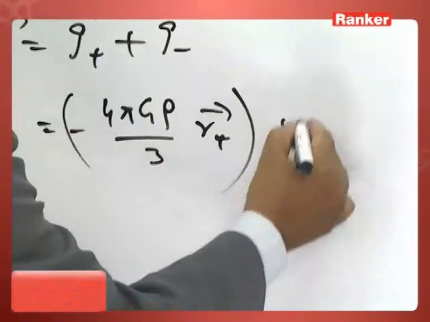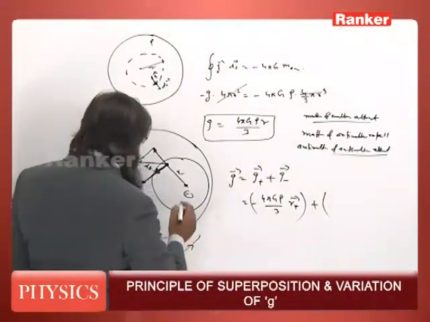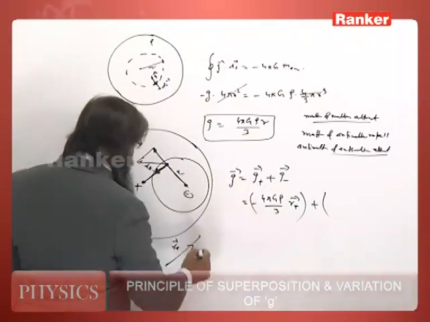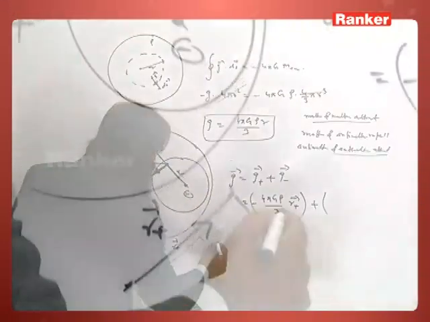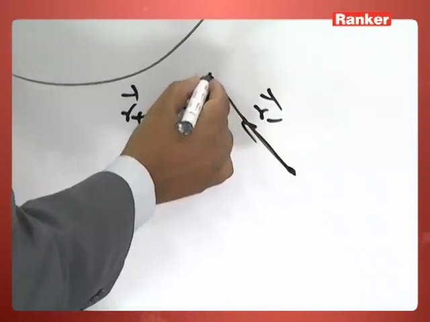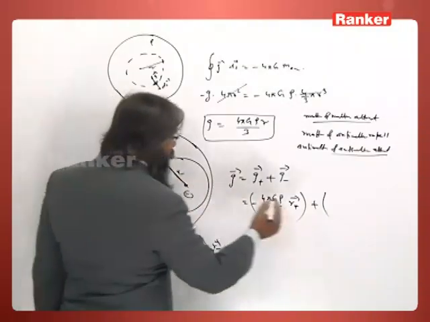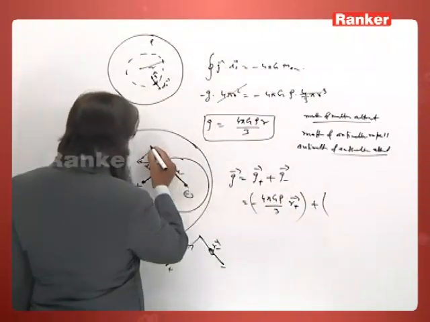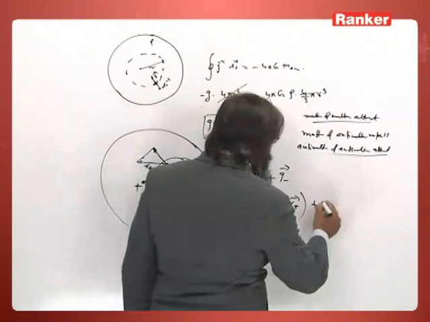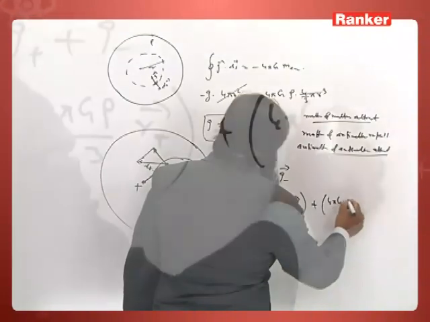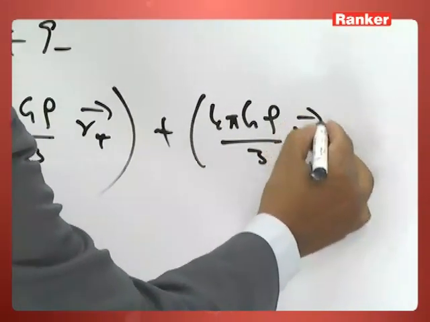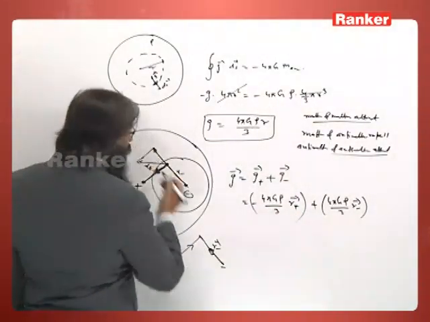Then plus G minus: here is the r minus vector, the radius vector from the negative mass center to this point. Its magnitude will be 4πGρ/3 and the direction is along r minus.